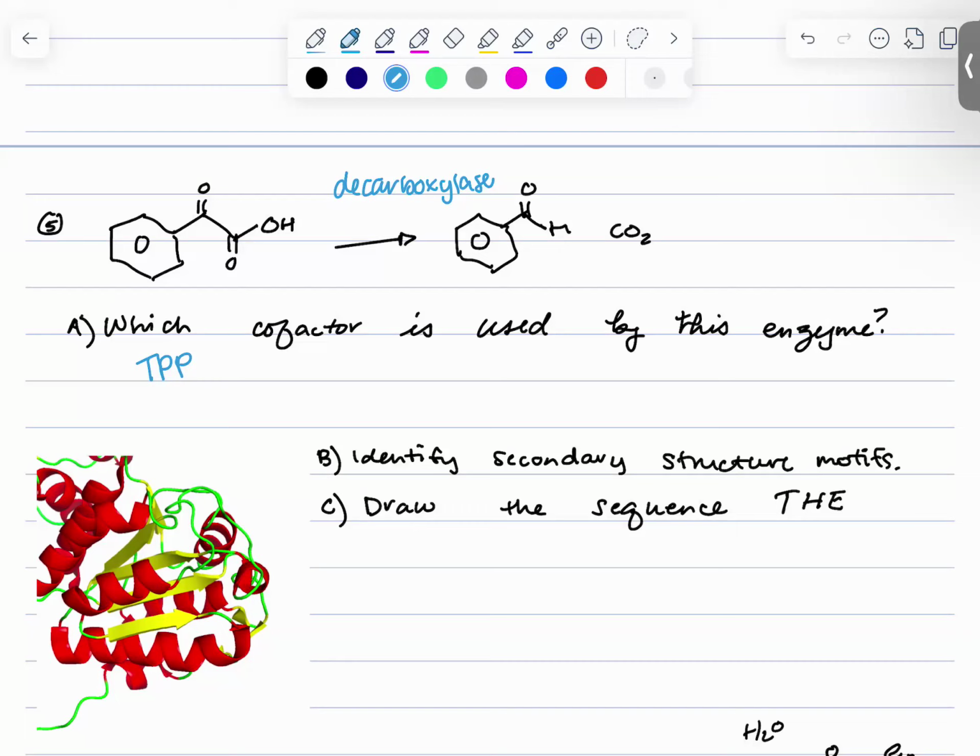Moving on. Questions, comments, concerns. A good way to study those is at the very end of the crash course document. I have a list of the cofactors and what kind of reactions.